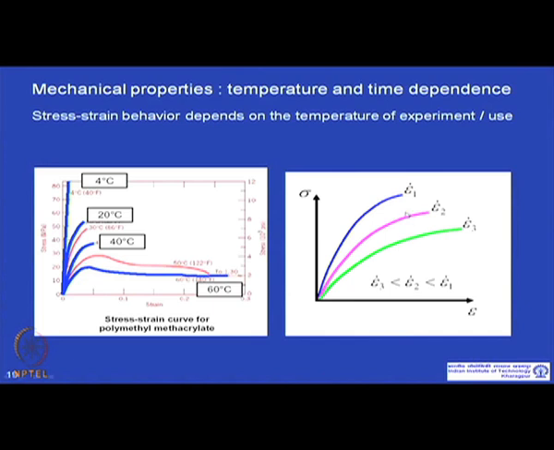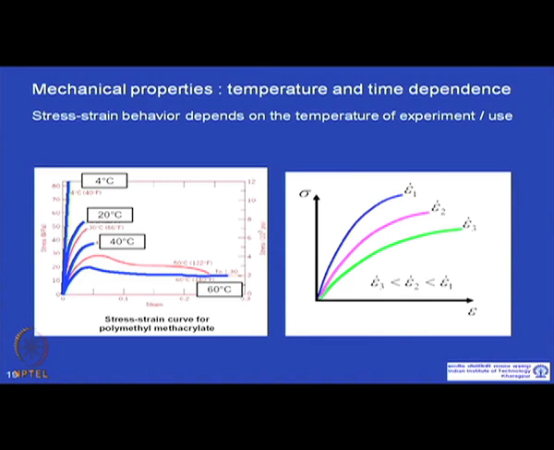So, basically you must know that the mechanical properties of polymers, for example, the stress strain curve and other mechanical properties, are very much dependent on the temperature of the experiment, and finally, where this material is applied.